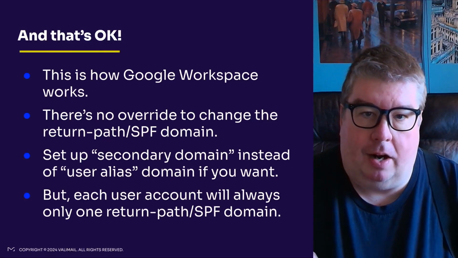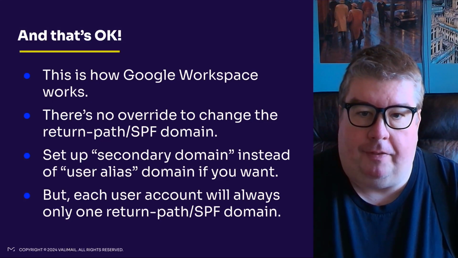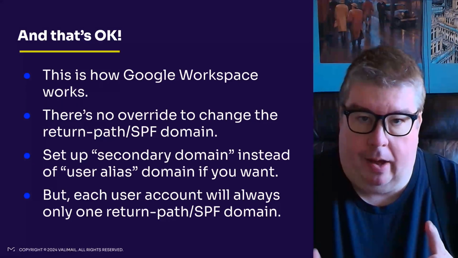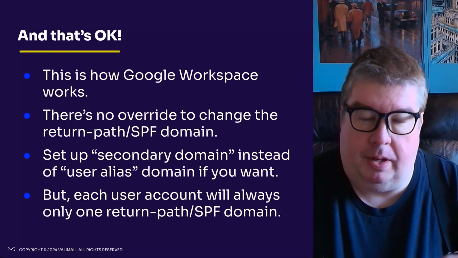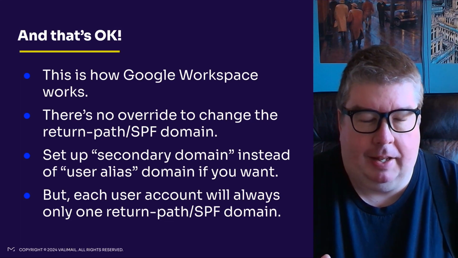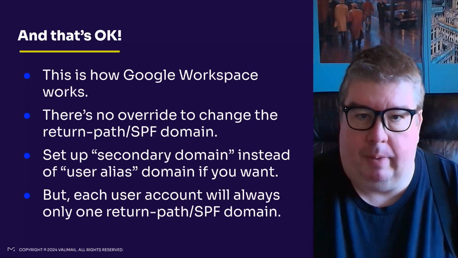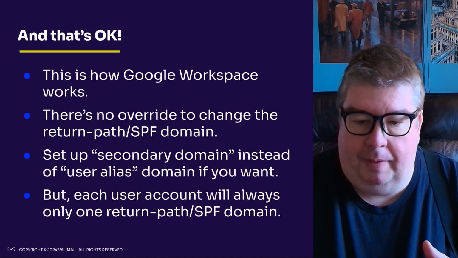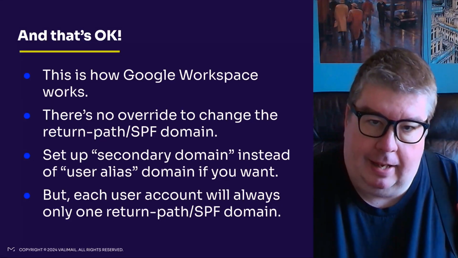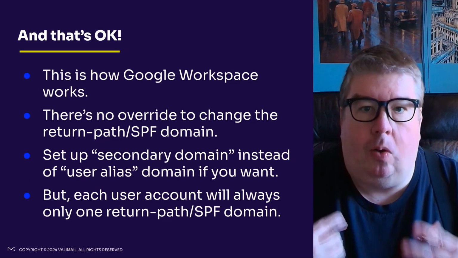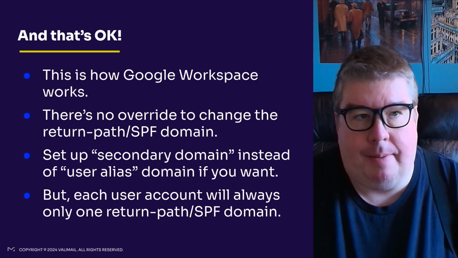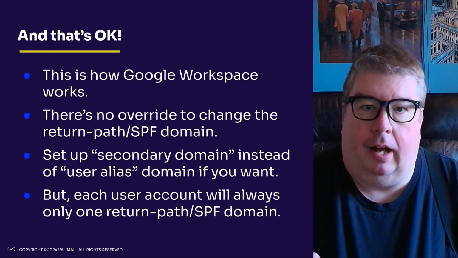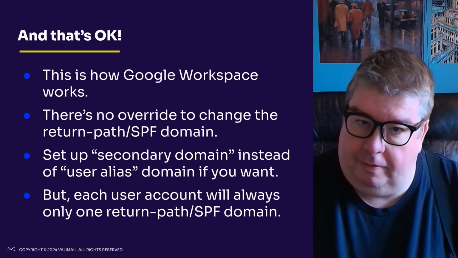So that's the difference there between alias domains. Alias domains are so the user can choose to send from multiple domains from one account, versus secondary domains where they're totally separate. So that can incur extra costs if you have to have separate mailboxes because you want to manage separate domains and you want to have everything aligned. Each account in that Google Workspace instance is always going to have the same return path or SPF domain whenever they send mail from that instance.